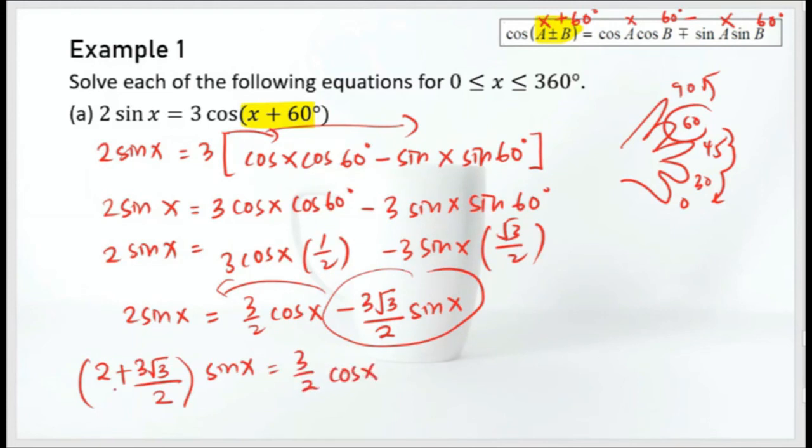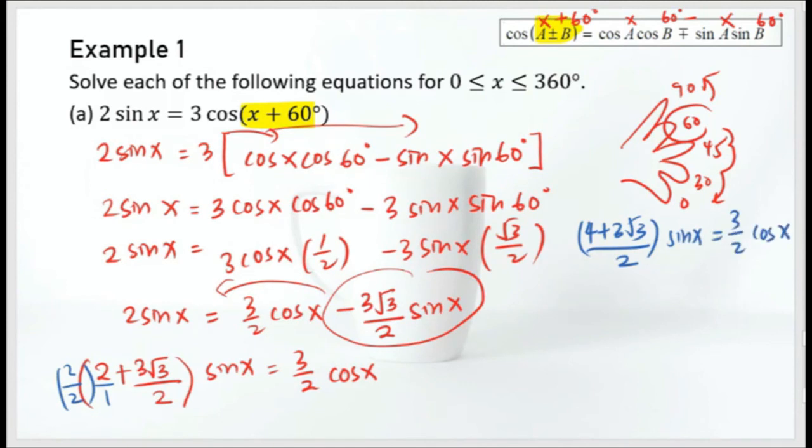After this, change it into the single fraction form first. So it's over 1. Multiply 2, multiply 2. So you will get 4 plus 3 square root 3 over 2, sine x equal to 3 over 2 cos x.